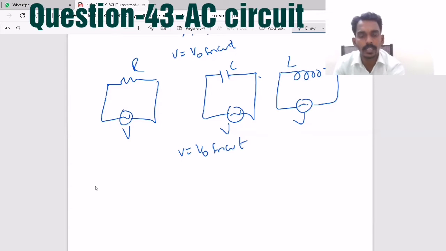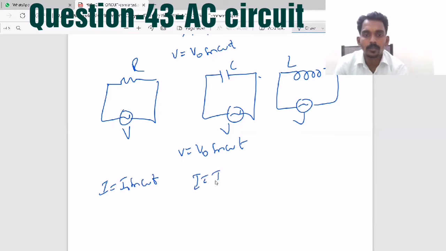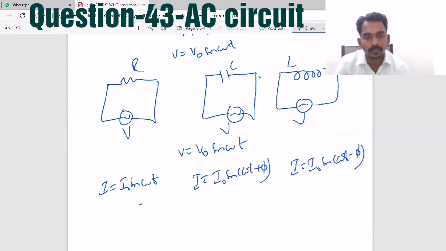Then in every case there is an alternating current with a phase difference. In the first case I equal to I naught sin omega t. In the next case I equal to I naught sin omega t plus phi. And in the third case I equal to I naught sin omega t minus phi. Here the phase difference is 0.